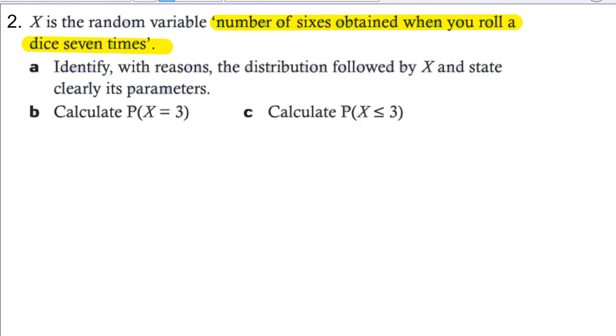The first thing you're going to do here in A is to check if the conditions for a binomial distribution are met. Each time the die is rolled, the probability of obtaining a 6 is constant. So that's one condition that is clear in this question.